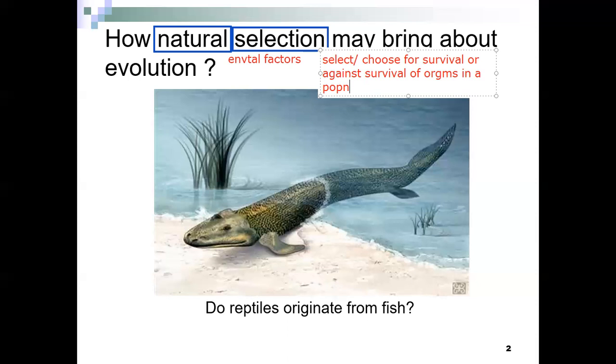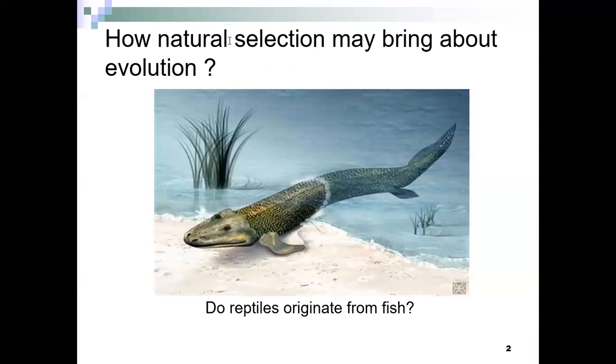So the question now is, how can natural selection bring about evolution? For example, long time ago, we only had fish. Then they came to the land and became reptiles and frogs. Then suddenly humans appear. Is this possible? It's called evolution. Last time, the earth's condition was different, so the fish could survive.